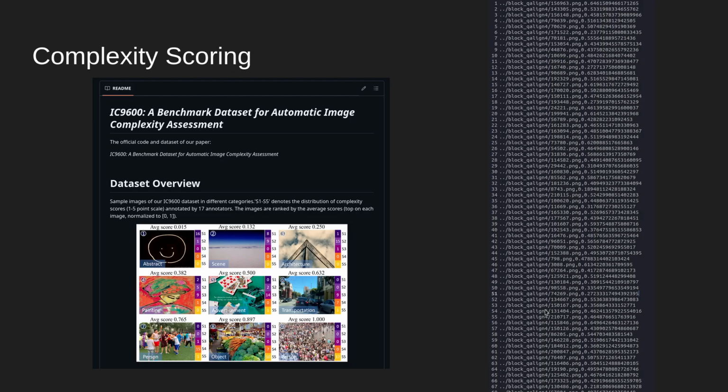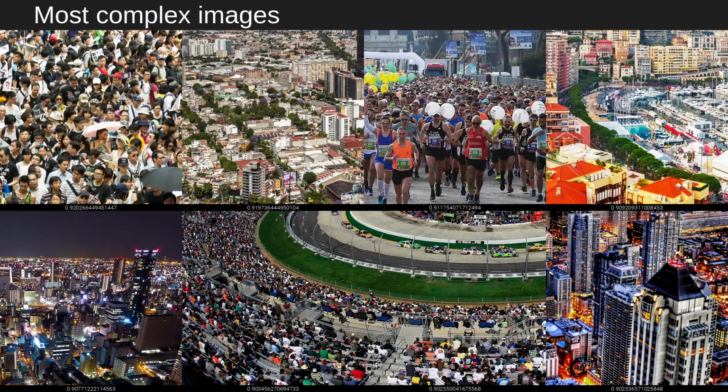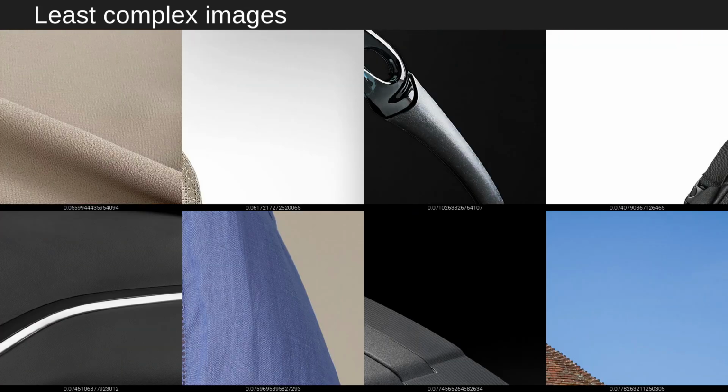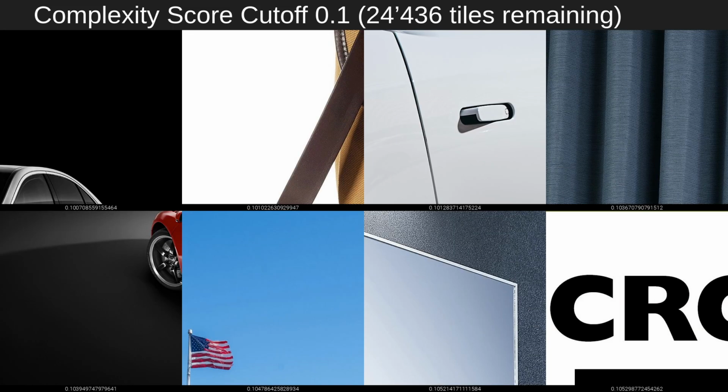And I used the complexity scoring IC9600, which I thought was pretty simple to run in the same spirit. Here, the most complex images from that scoring and the least complex images, you can see a lot of just color where the model wouldn't learn anything from that, or not much from that. So I think this would replace my file size filtering at the beginning.